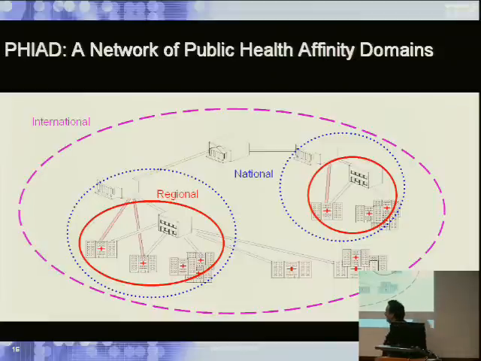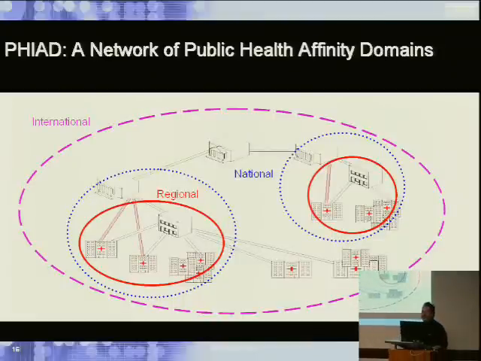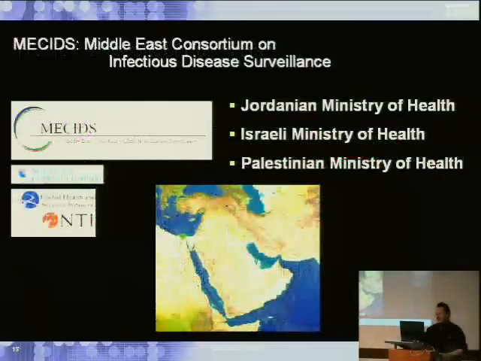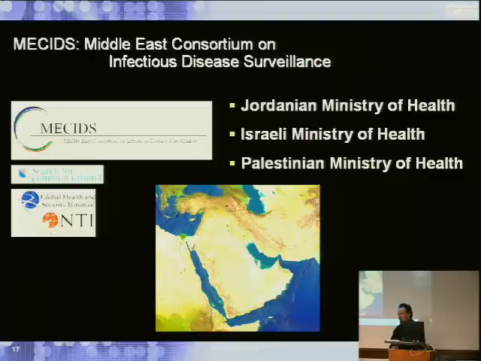You might have data that's collected at a state lab, and that might have to roll up to the national CDC, and then the national CDC might want to report into the World Health Organization. So you've got a hierarchical structure. So we went ahead and we actually built a prototype using the infrastructure we created for NHIN for public health.